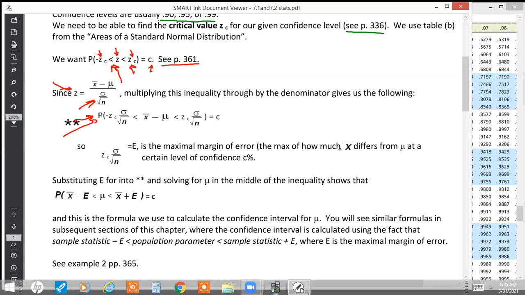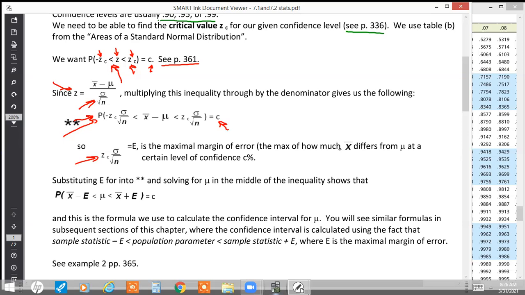And that probability is equal to C, our confidence level. That means that this Z sub C times sigma over the square root of n quantity, that is our error, E. It is the maximum margin of error, the maximum of how much X bar is going to differ from mu for a certain level of confidence, C%, whatever that is.